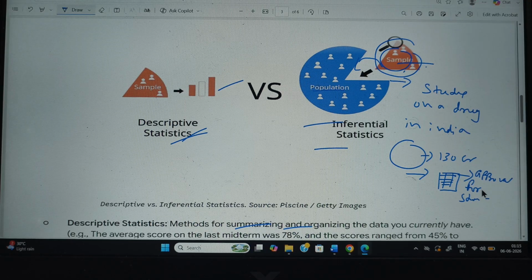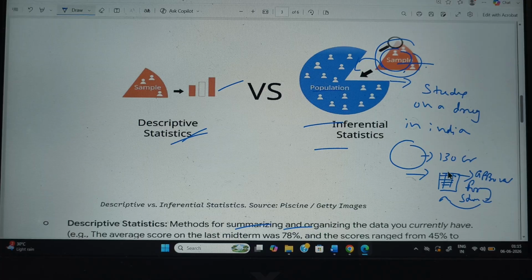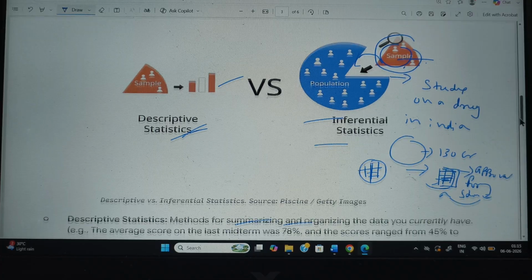And then we can organize these studies. It might be controlled or randomized clinical trials or any other normal research studies throughout the identified sites, and then we'll gather the data and come to a conclusion over the whole Indian population. This is what inferential statistics means.